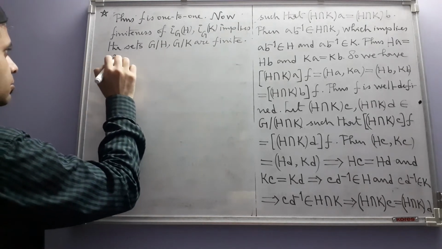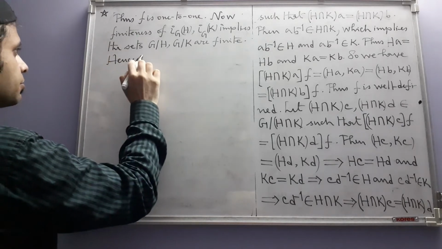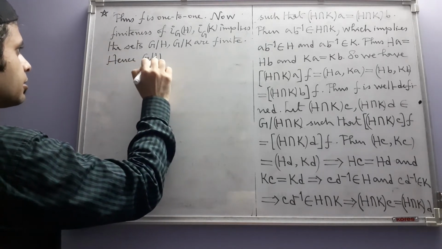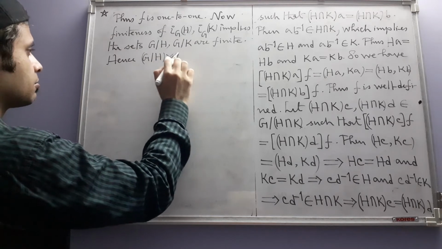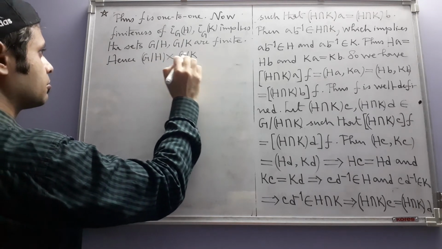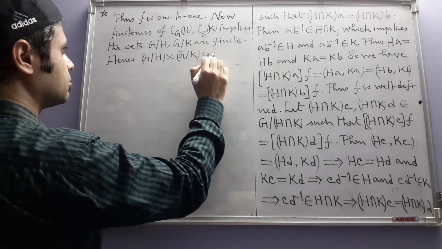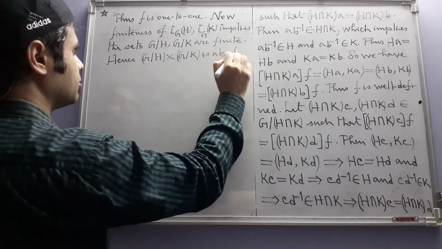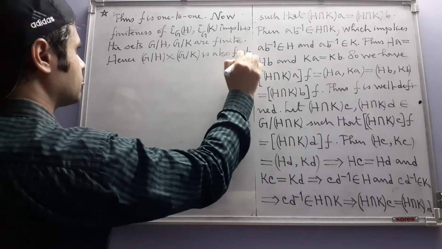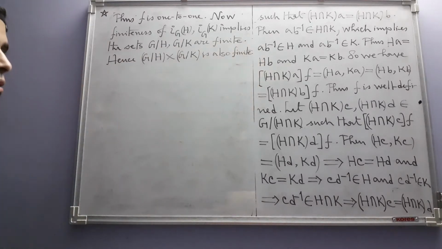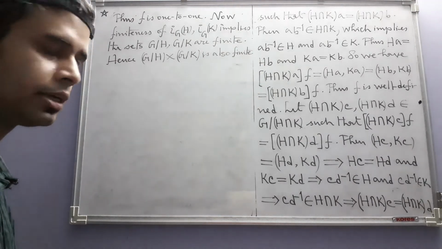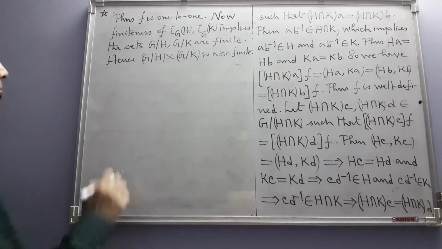Hence, their Cartesian product is also finite. We know that the Cartesian product of two finite sets is finite.